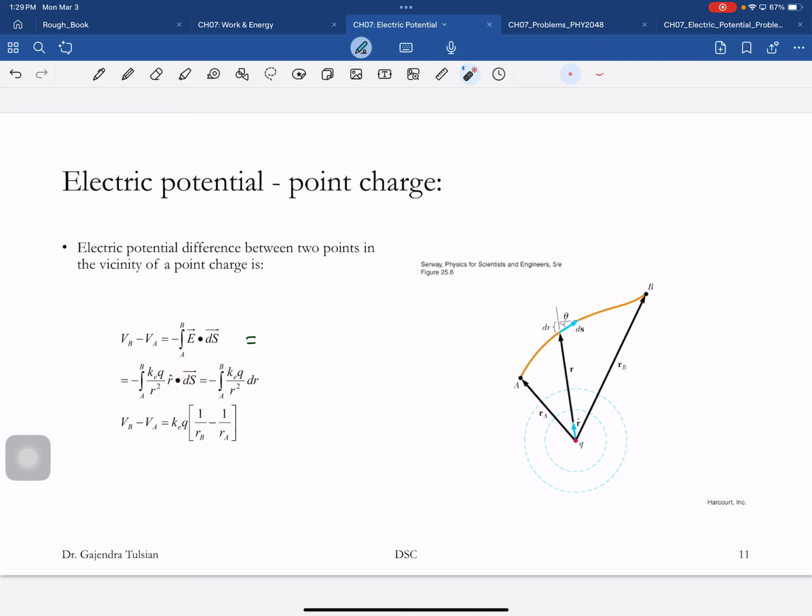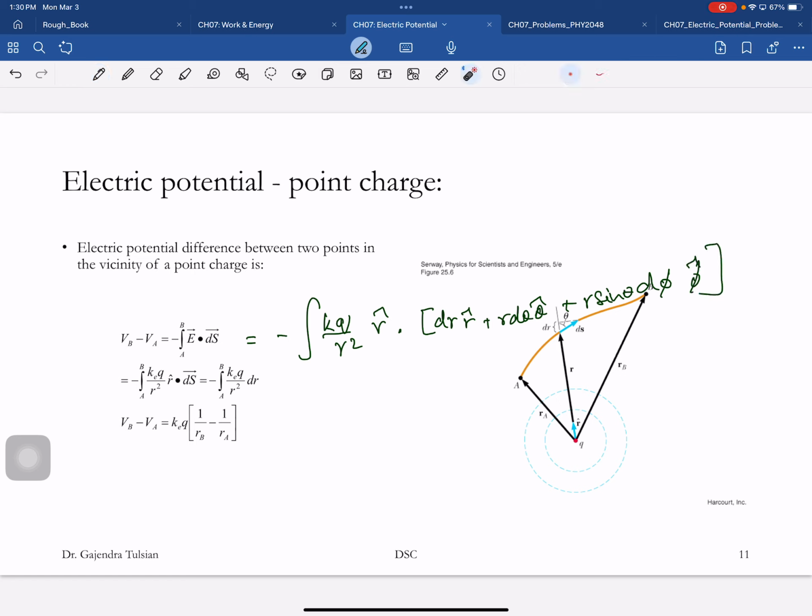So that's negative kq over r squared, r hat, dotted with ds. ds is dr r hat plus r d theta theta hat plus r sine theta d phi phi hat.